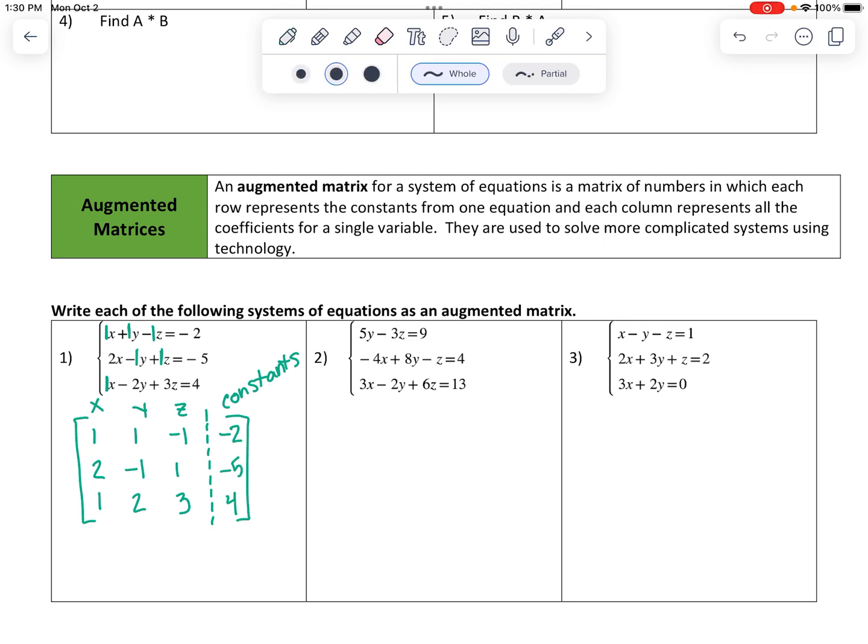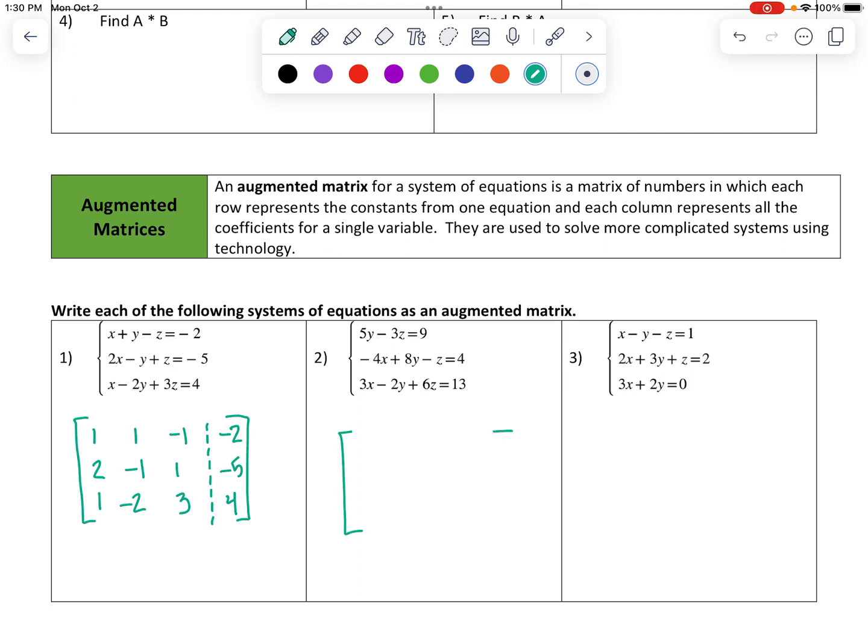So we can see now that this represents what we have in this system up above. We have 1x plus 1y minus 1z equals -2. 2x minus 1y plus 1z equals -5. 1x, oh, and I forgot my negative, minus 2y plus 3z equals 4. So we're just setting it up using the coefficients.